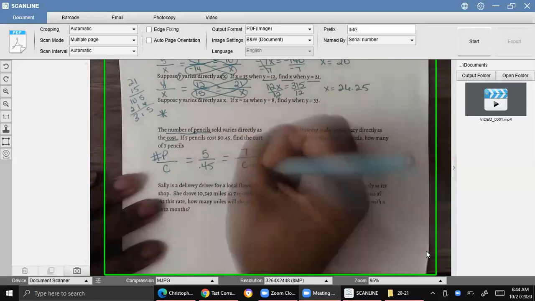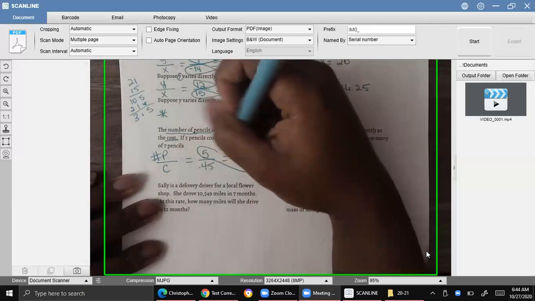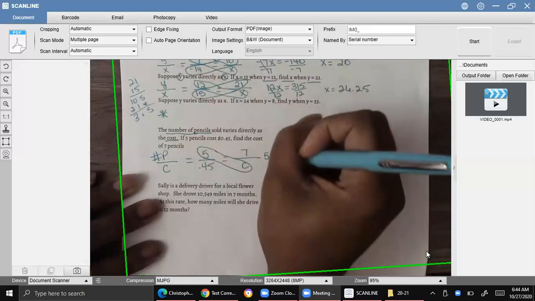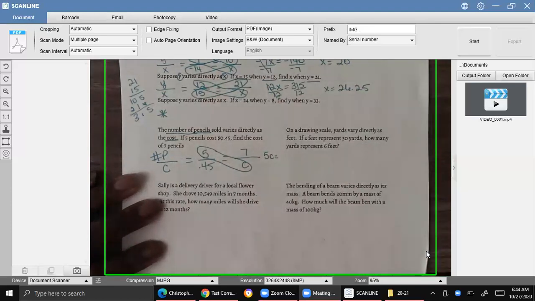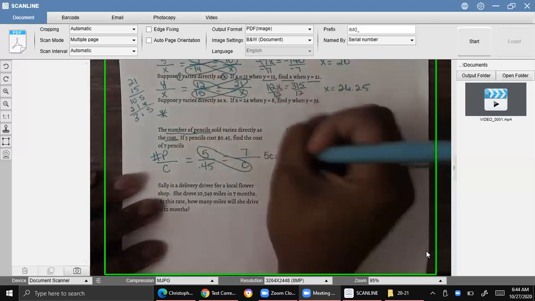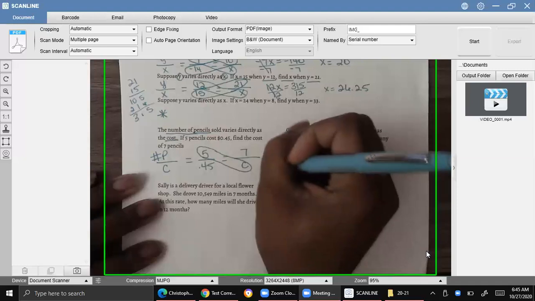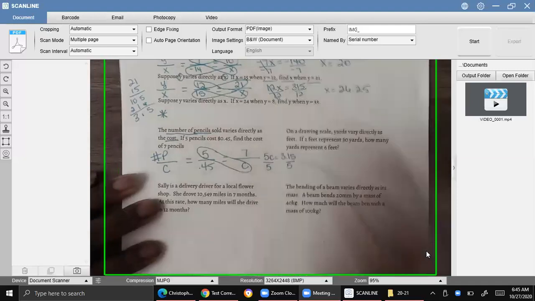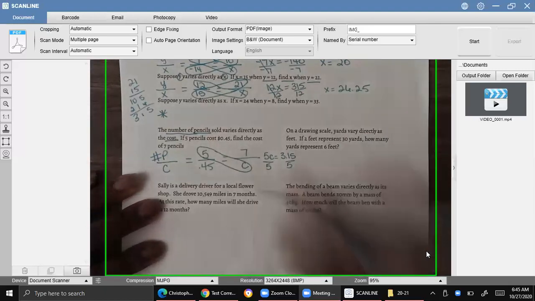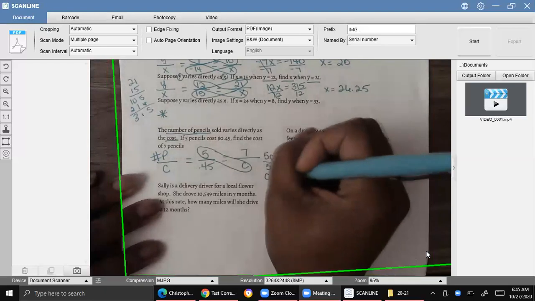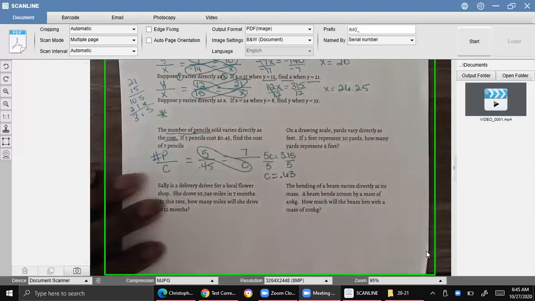And we don't know this one. So 5 times C is 5C. And then 7 times 45 is $3.15. Then I need to get C by itself, so I'm going to divide to get the variable by itself. And 315 divided by 5 is 0.63. So 63 cents for 7 pencils.